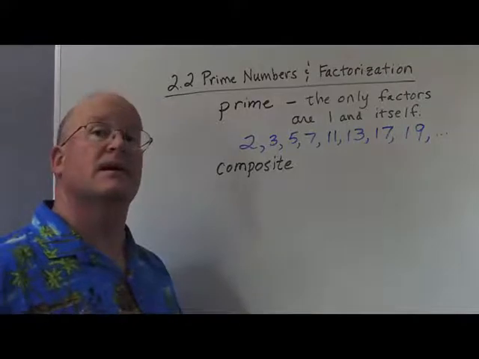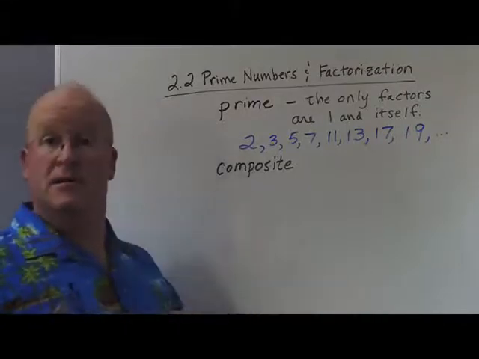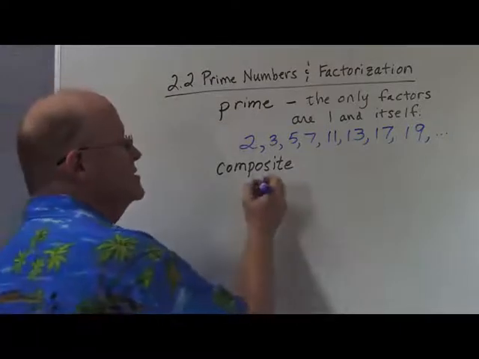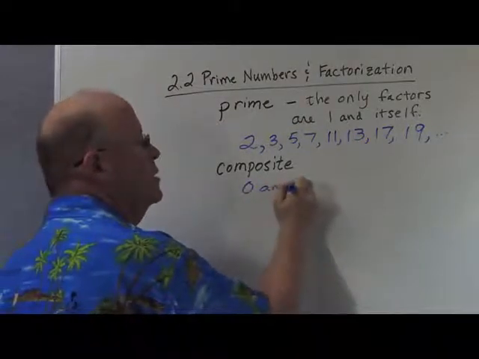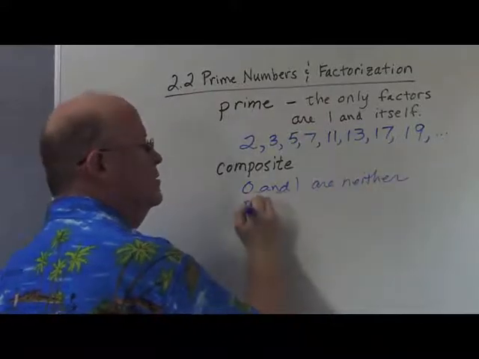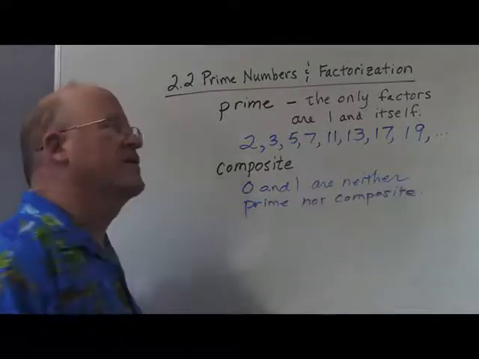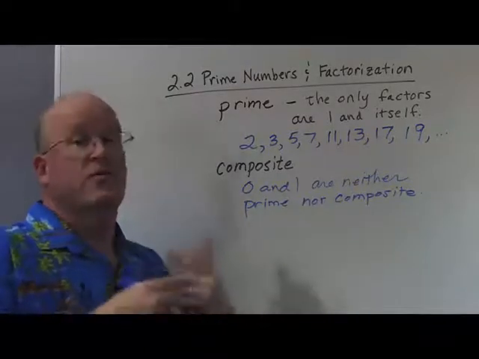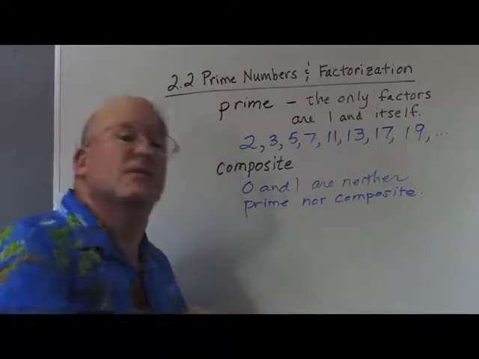Now, we'd like to say that if a number isn't prime, it's composite, and that is the case for the most part. But 0 and 1 are neither prime nor composite. Now, in the case of 1, the only factor of 1 is 1, not 1 and the number itself.